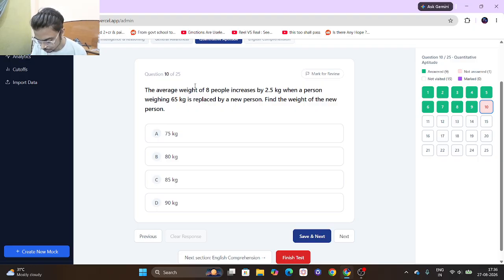So 8x minus 65 plus y upon 8 is equal to x plus 2.5. Okay. So 8x minus 65 plus y is equal to 8x plus 20. 8x से 8x cancel हो गया तो y की वैल्यू आ जाएगी 85.